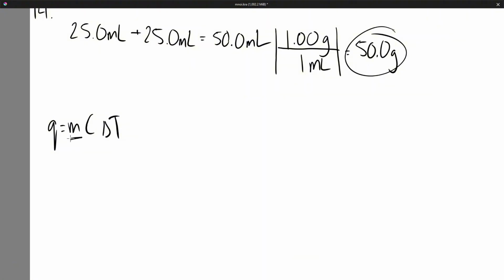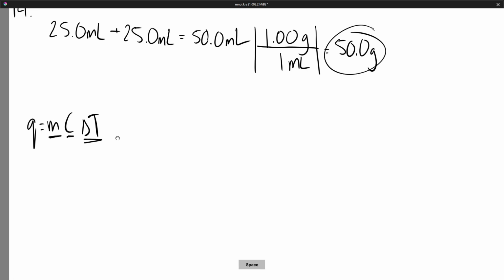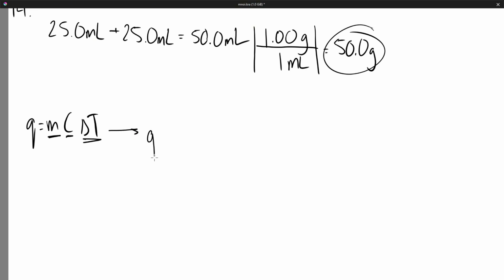So we have a mass. The specific heat capacity we're told is the same as that of water, and the temperature is given to us as well. So we'll plug those in real quick.